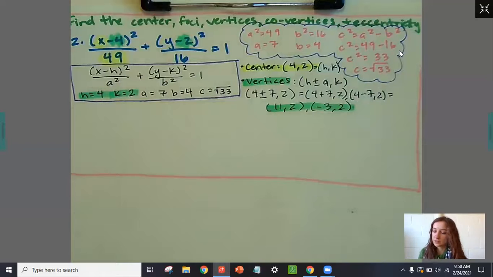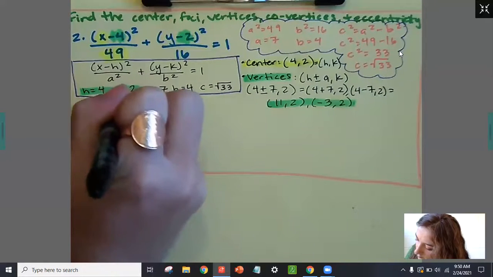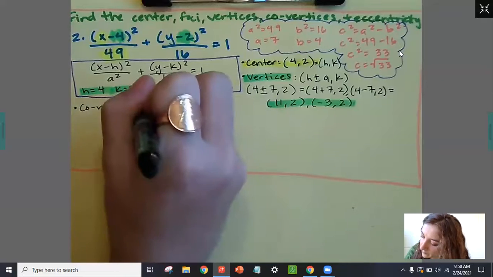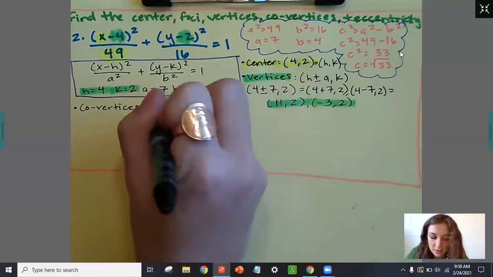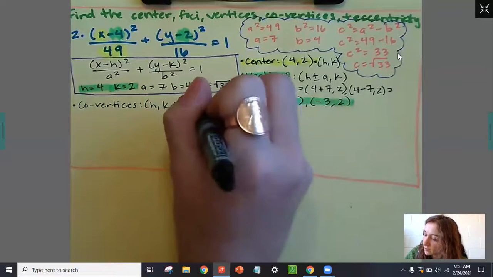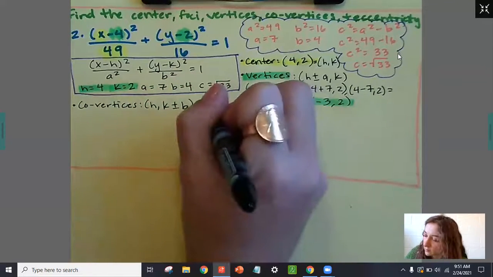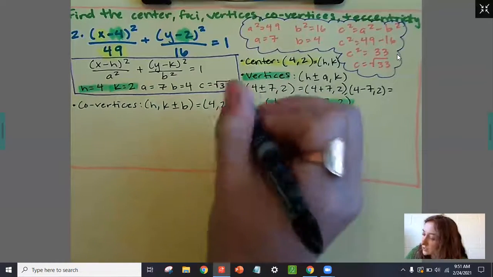Okay, so now we're going to move on to our co-vertices. All right, and the formula for our co-vertices is h, comma k, plus or minus b. So we know that our h is 4. We know that our k is 2, and then we have plus or minus our b, which is 4.